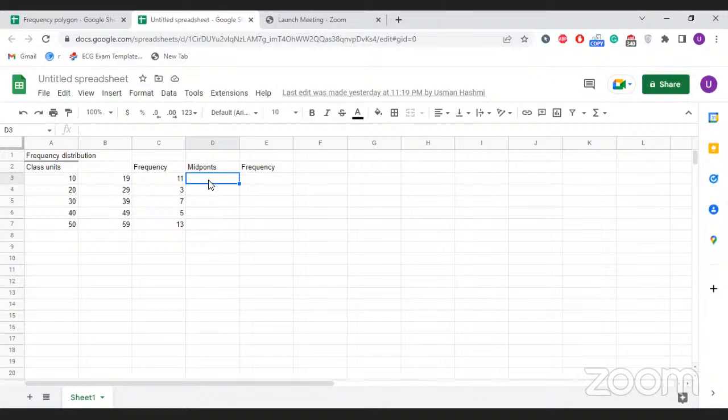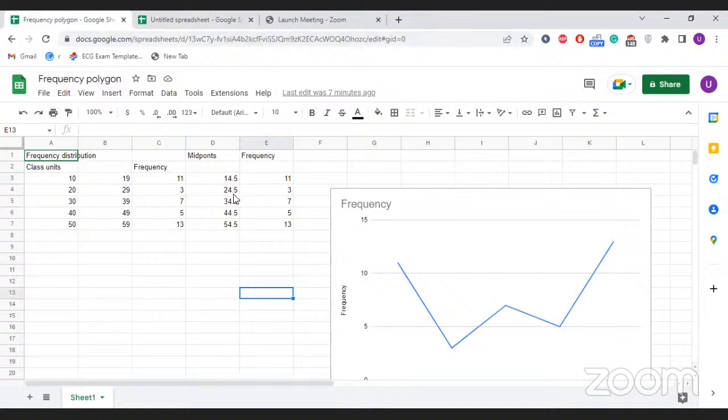And we have to find out the midpoint. How are we going to find the midpoint? It is very simple. We calculate the midpoint by adding both values, 10 plus 19, and then dividing by 2, because we're taking the average. You can see that in the other sheet I have done this.